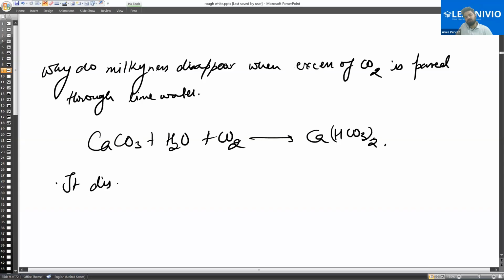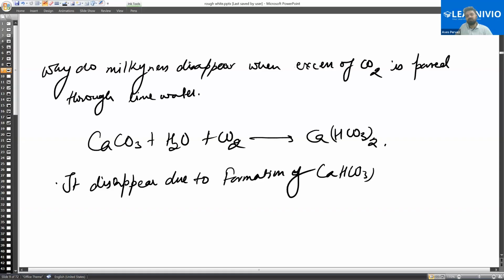It disappears due to the formation of calcium hydrogen carbonate, which is soluble in water. Note it down.